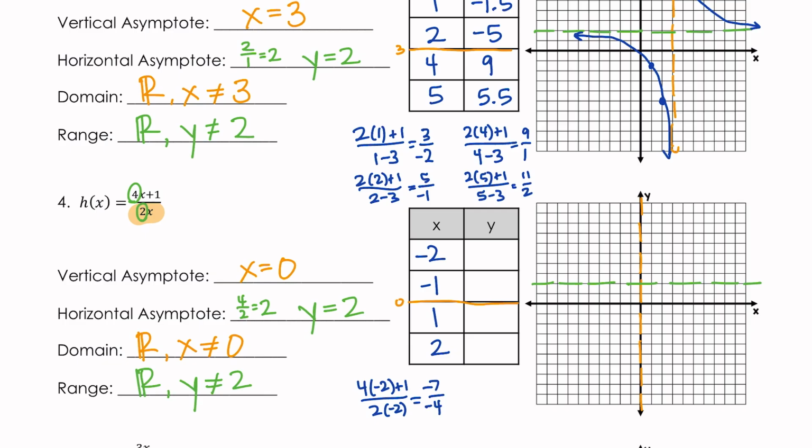So negative 7 over negative 4 is a positive 1.75. Plugging in negative 1, 4 times negative 1 plus 1 over 2 times negative 1. So in the numerator, I get negative 3, denominator negative 2. So negative 3 over negative 2 is a positive 1.5.